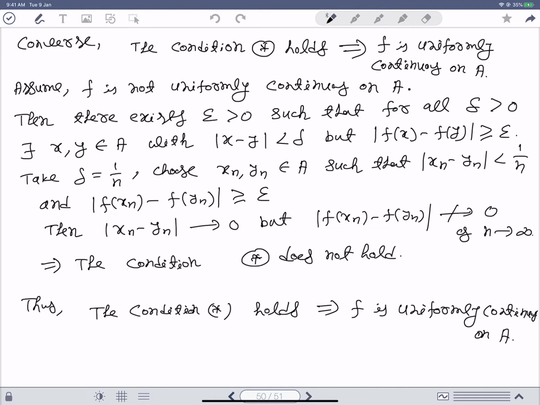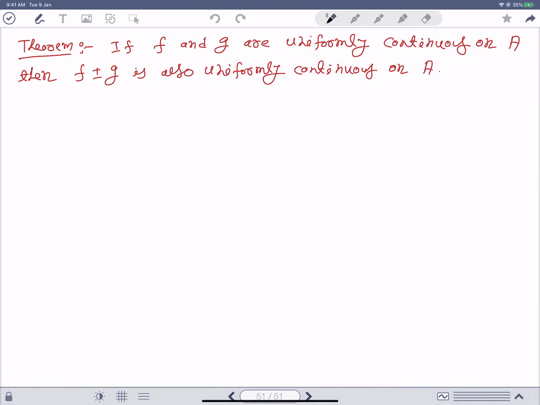Now it is easy to prove that if f and g are uniformly continuous functions on A, then f plus g and f minus g are also uniformly continuous on the domain A. The proof is very simple, and here is the proof.